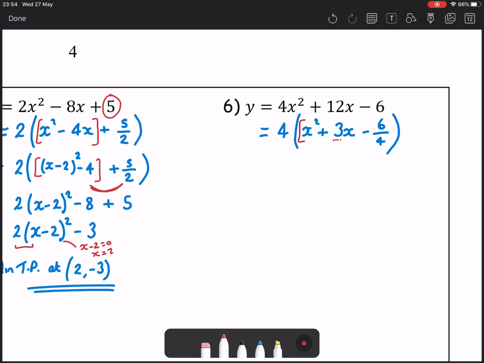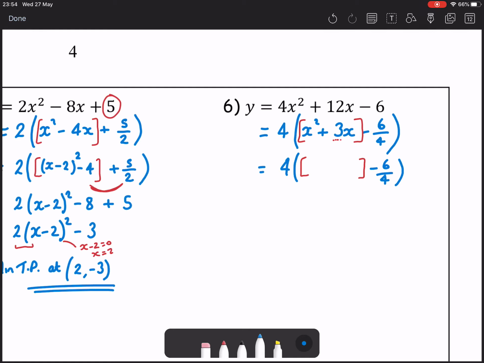So there is my brackets, 4 lots of, keep that in there. Going to try and keep the red brackets identical and carrying that 6 over 4 the whole way.